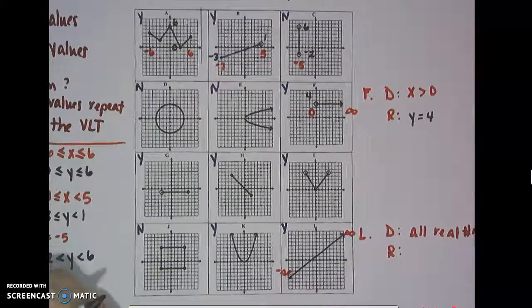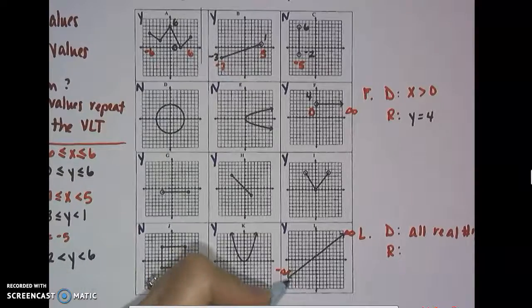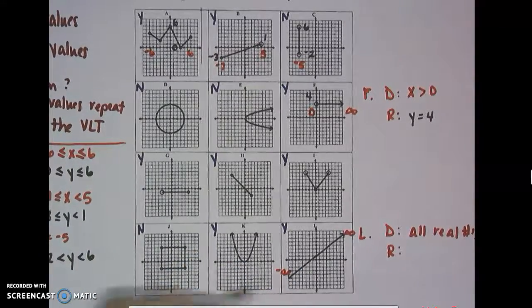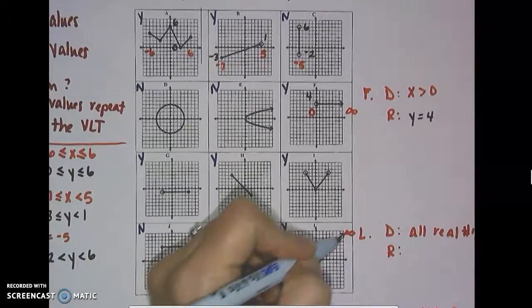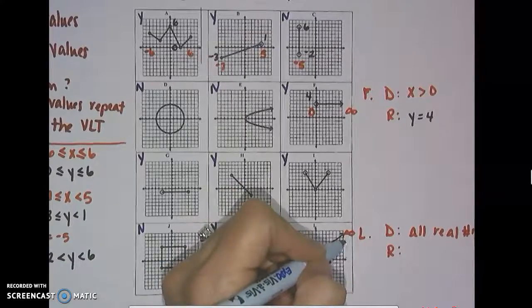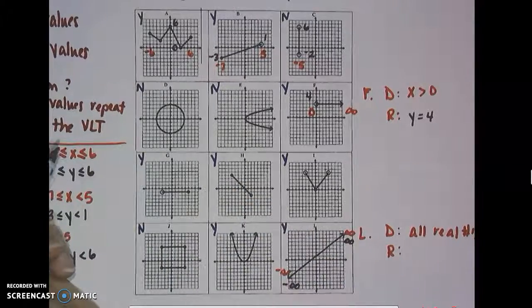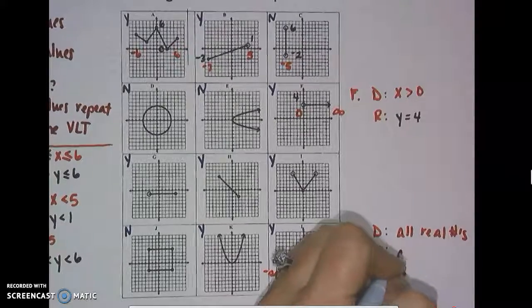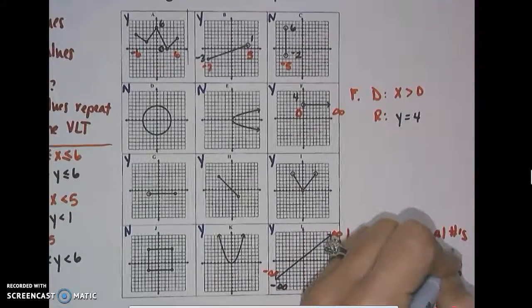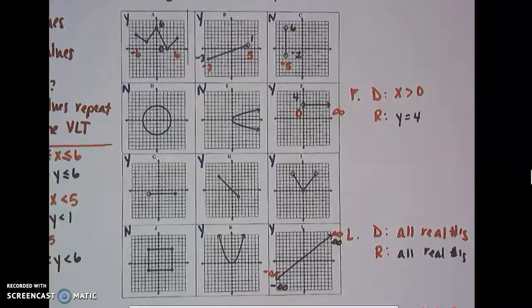So the same thing we're going to look at for the range. Here's our bottom, the lowest y value is going to keep going down this way, which means we have negative infinity. And the highest y value going up this direction is going to be positive infinity because of the arrows. So again, we're going to have all real numbers.